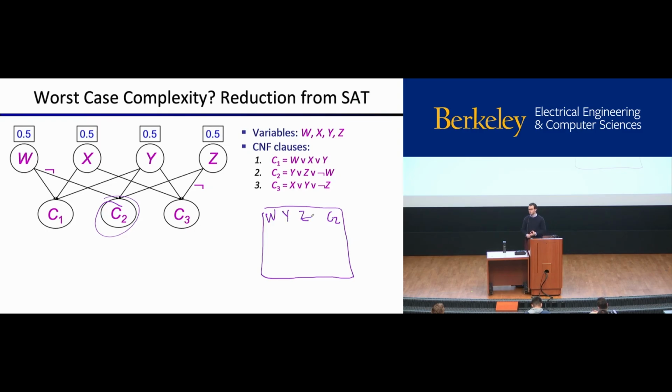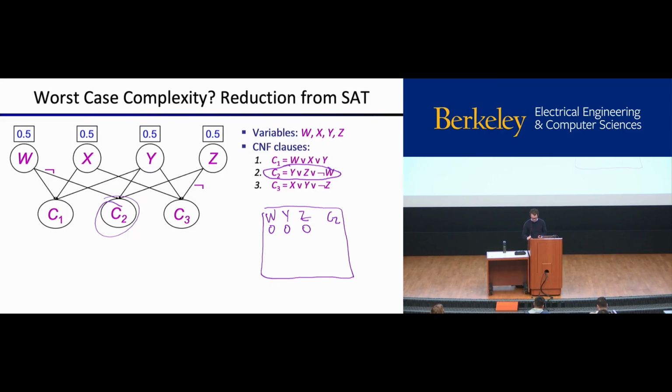So we need to come up with a probability distribution that encodes the clause that we have for C2. The clause says C2 is true whenever Y or Z or not W is true. So let's say 0, 0, 0.